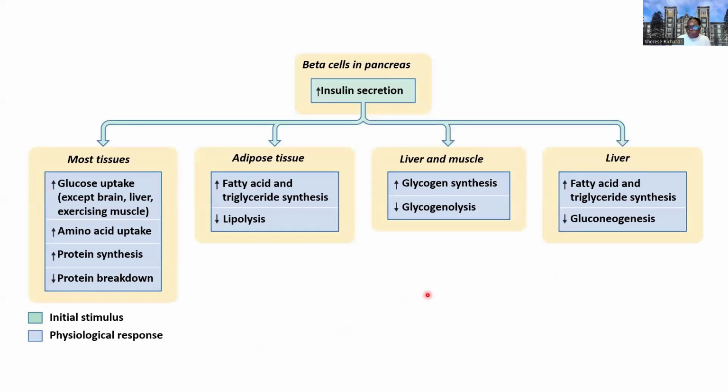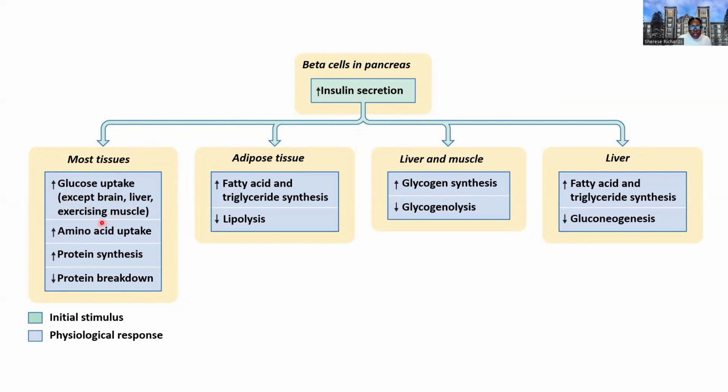So looking at the overall role of insulin secreted from the beta cells of the islets of Langerhans in the pancreas, an increase in insulin secretion is going to cause most of your body tissues to increase their glucose uptake, excepting the brain, right? The brain is going to prefer glucose.